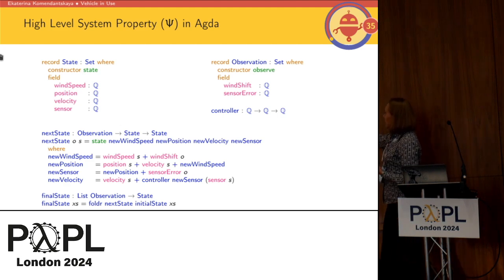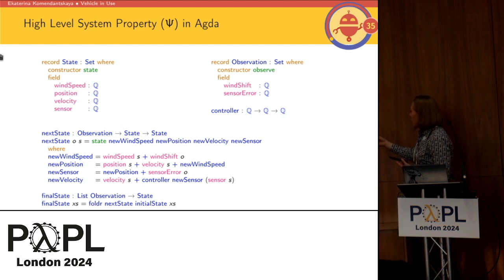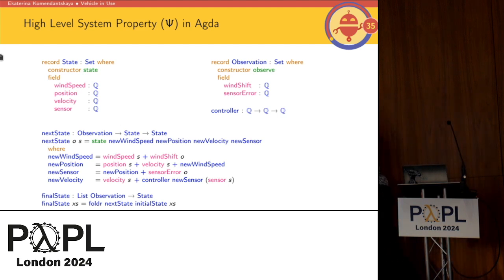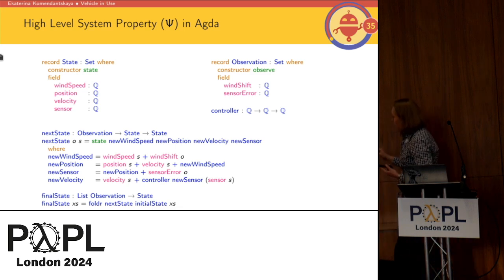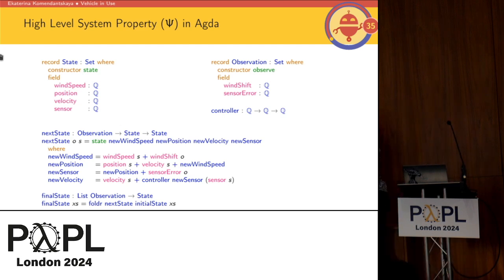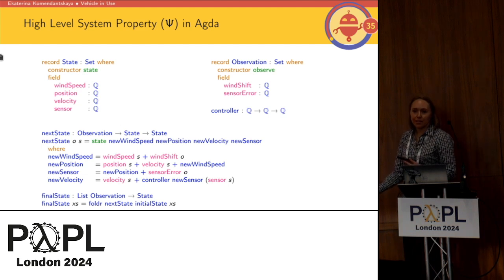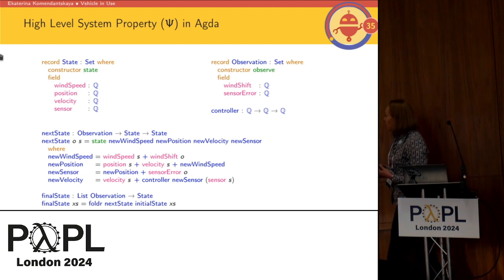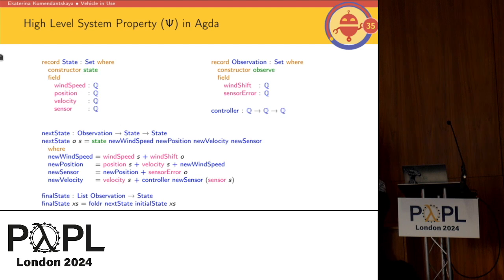You want to say what an observation is. Well, it consists of wind shift and sensor error. And you have your neural network controller that takes the previous state, current state, and gives you the advice what to do next. And then, in pretty much a standard way, not very different from what Boyer and Moore have done in ACL2 in 1990, you can define the next state and the final state.